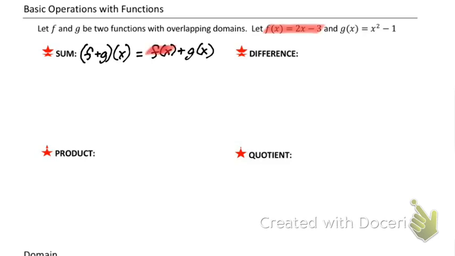So instead of f of x plus g of x, we'd have, let's put these in parentheses, 2x minus 3. And then we look at my g of x. We're going to replace this g of x, so we're going to add x squared minus 1.